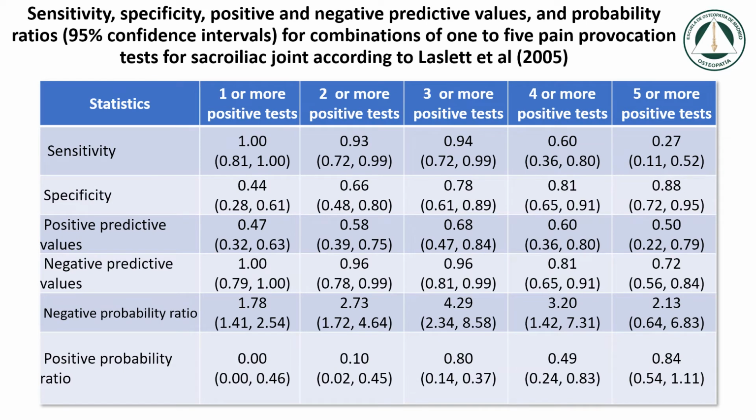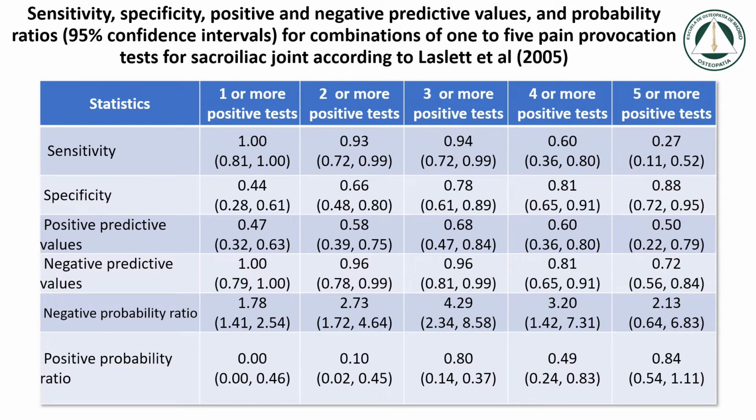Laslett, 2005, indicates that combinations of sacroiliac joint pain provocation tests are valuable in the clinical diagnosis of symptomatic sacroiliac joint. When all provocation tests do not cause familiar pain, the sacroiliac joint can be ruled out as a source of pain.